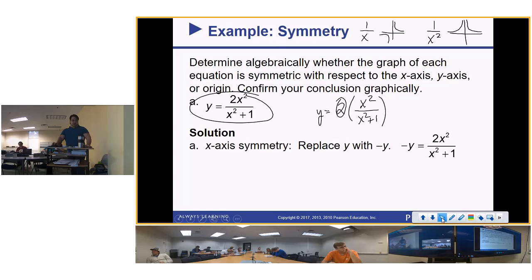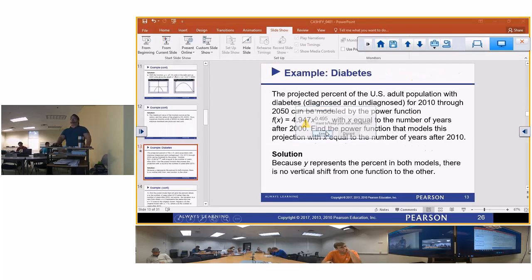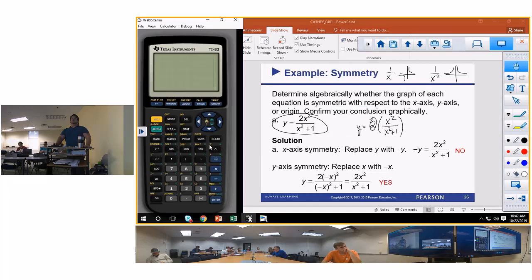So take your handy dandy calculator and say y is equal to, and since my calculator is not a little GOD, I'm going to say 2x squared, close parentheses, divided by, parentheses, x squared plus 1, close parentheses. And graph.